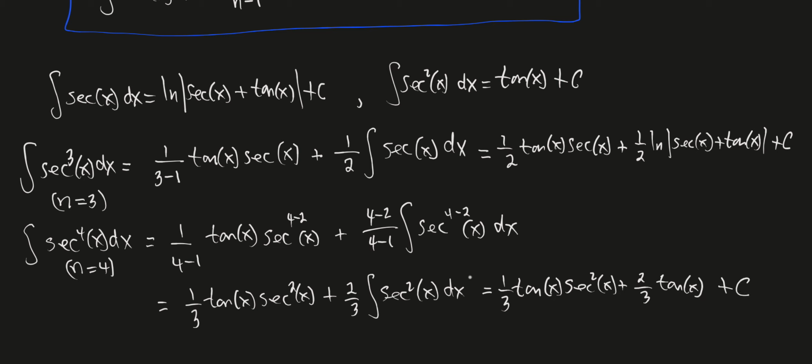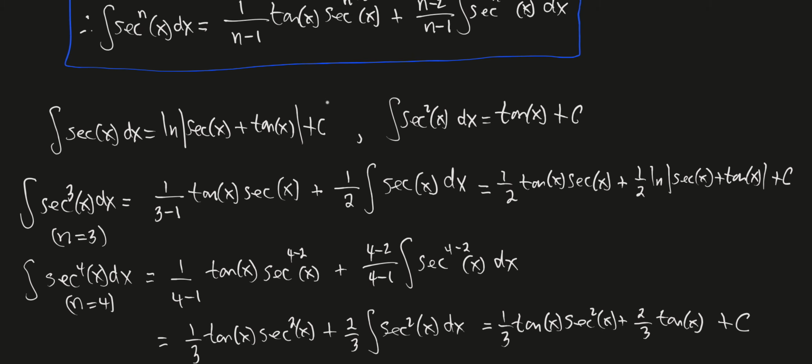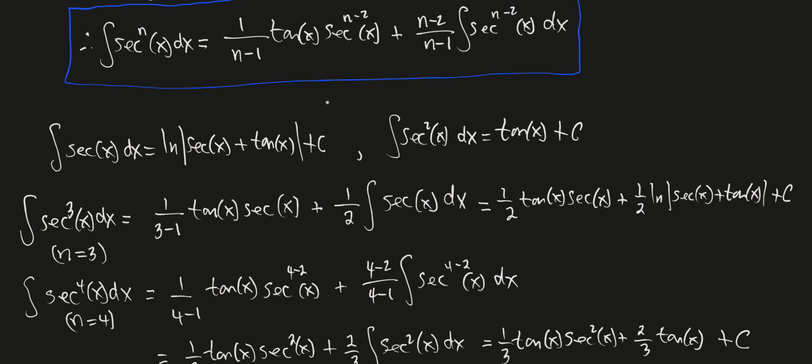So it turns out that this procedure, once we have this formula, you see quite quickly, right? I mean, obviously it took us a while to derive this formula, but once we have it, it can easily be applied to larger and larger powers of secant.